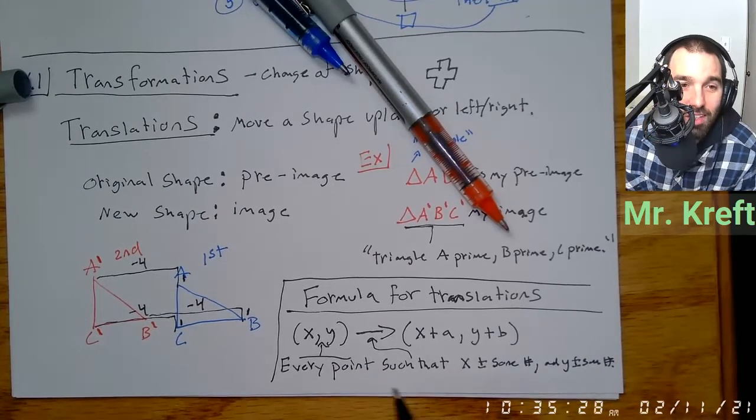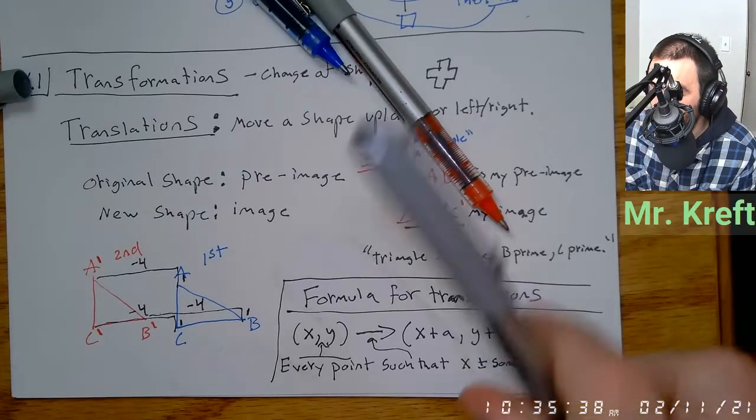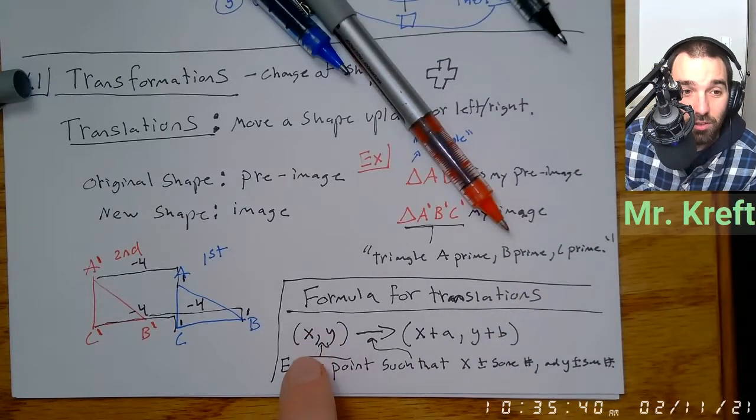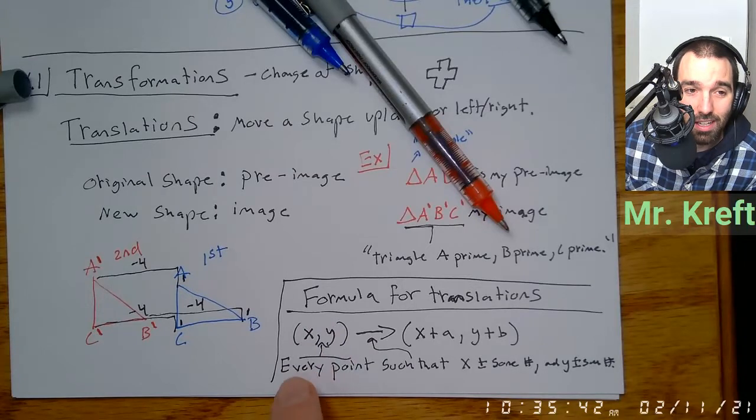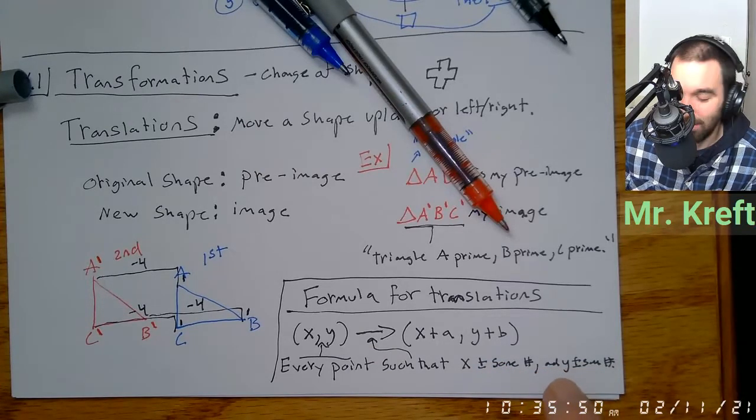Sorry, I ran out of space. It's just every point such that x plus or minus some number and y plus or minus some number. So again, what this translates to in English is every point such that x plus some amount and y plus some amount, plus or minus.